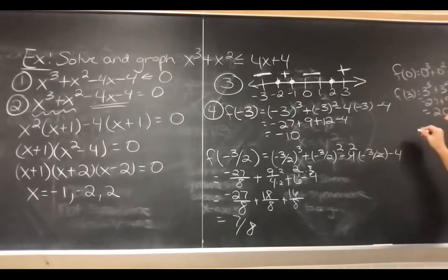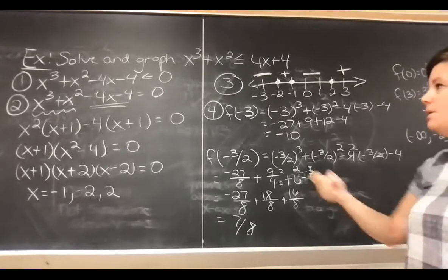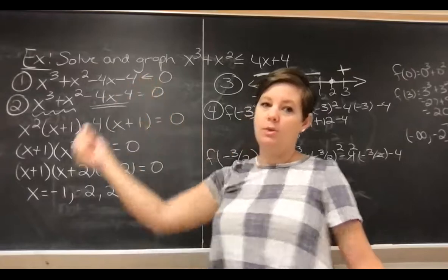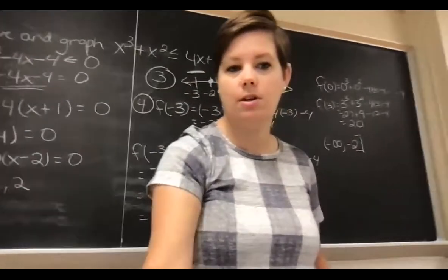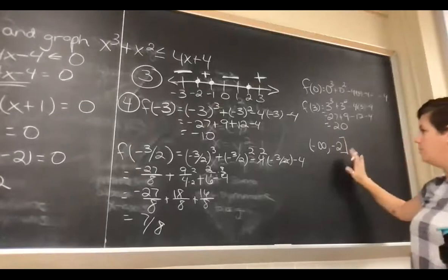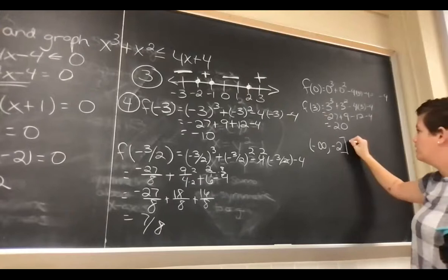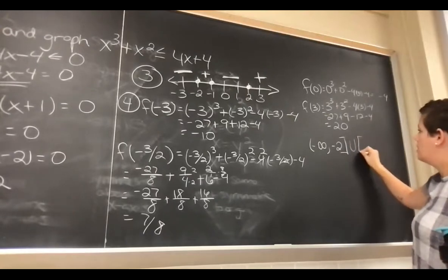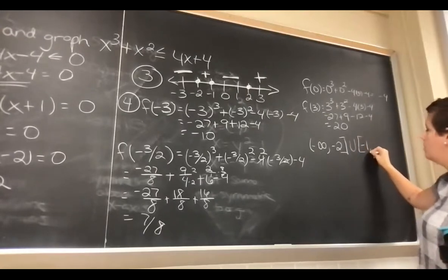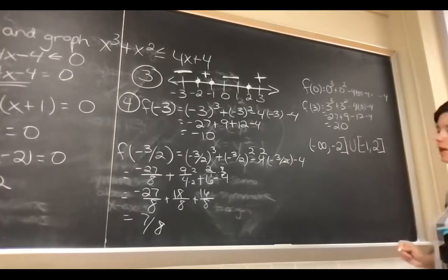I am negative from negative infinity all the way up until -2, and in this case, I do include that -2 because it was less than or equal to. The next interval that I'm negative on, so union, is from -1 all the way to +2. And again, I use brackets because it's less than or equal to.